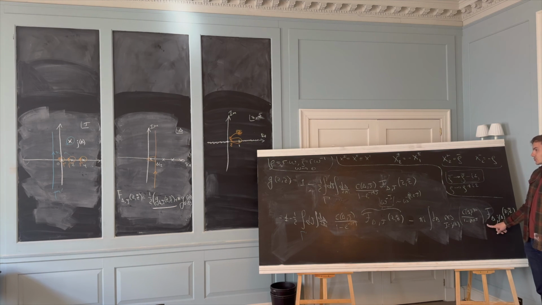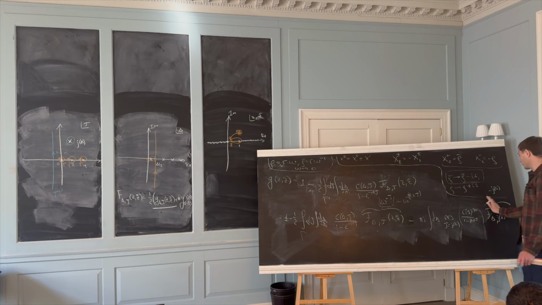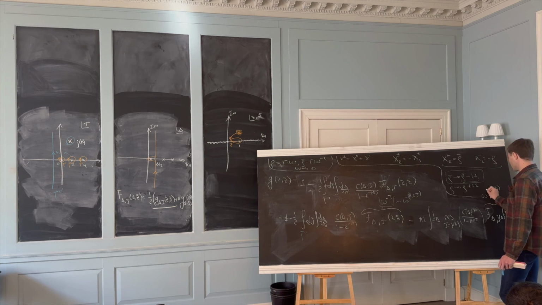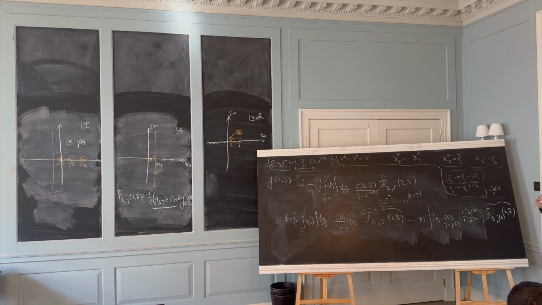Now, if you look at this term, then this term behaves as omega to the minus little j of delta. In fact, if you're careful and keep all the factors, you'll find that this is omega to the 1 minus little j of delta.